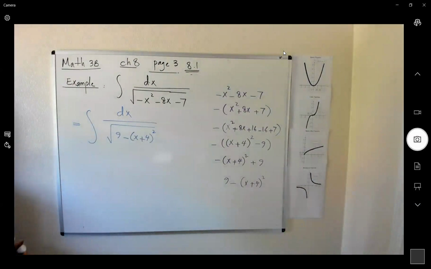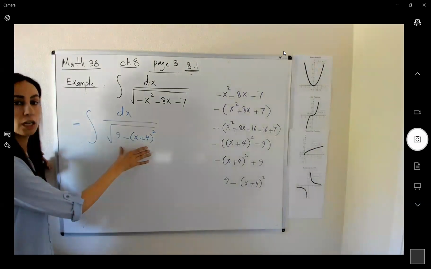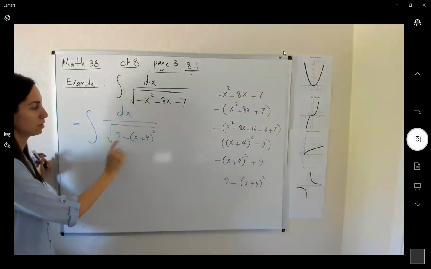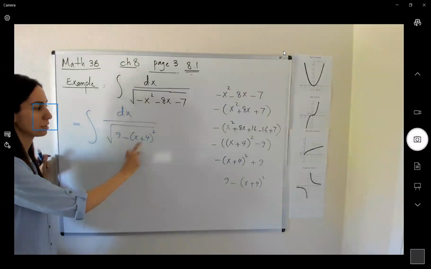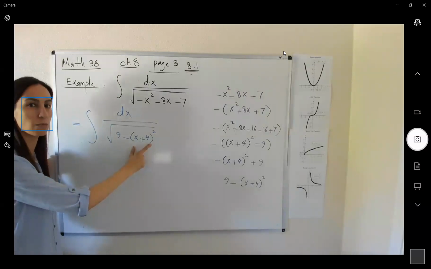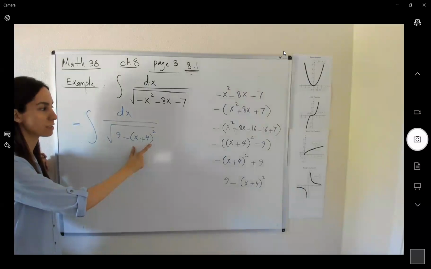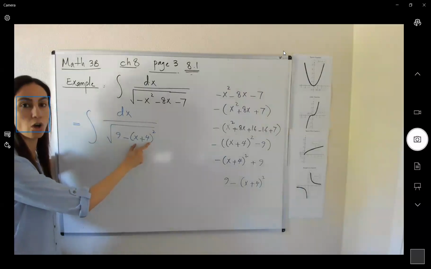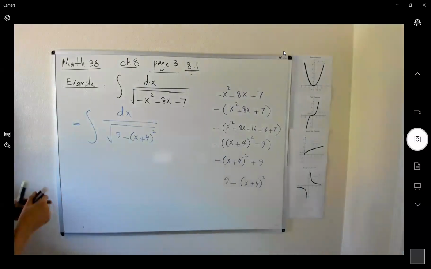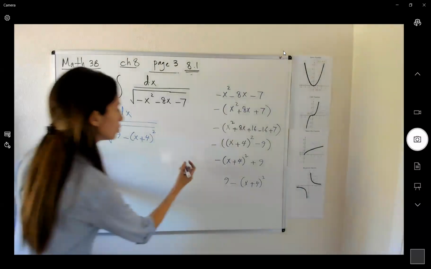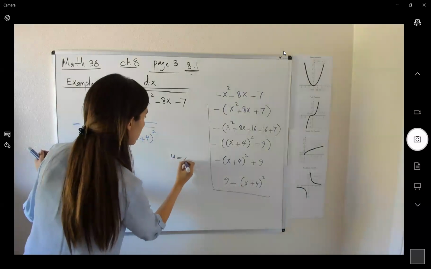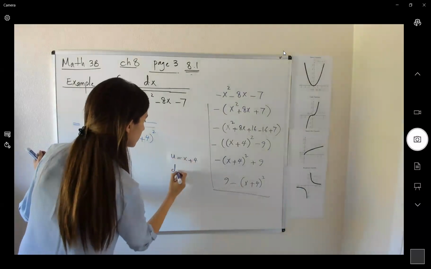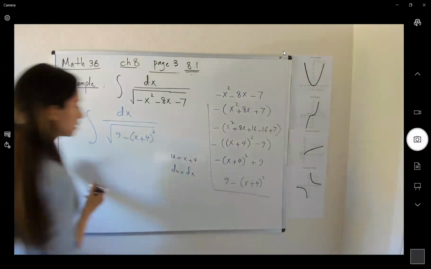There you go. Remember that. If you have the square root of a squared minus u squared, it's nothing but the inverse sine function. So you can take u to be x plus 4 and du is just dx.